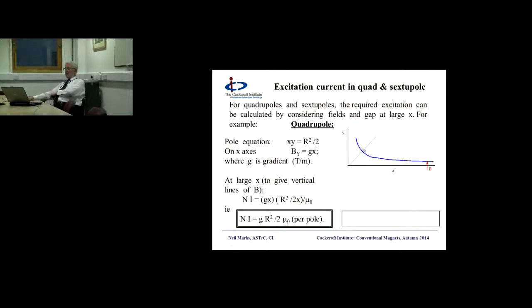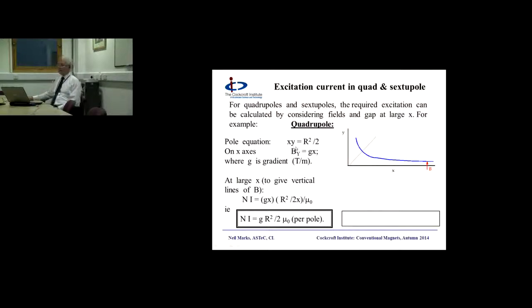Here's the cross section, the part of the quadrupole that you normally would think about, but we're going to consider the steel going to very, very large x values, so far in the positive x direction that our magnetic flux density, B, can be regarded as vertical, and the yoke to be so shallow that it's almost parallel to the axis. And we then treat that as a dipole.